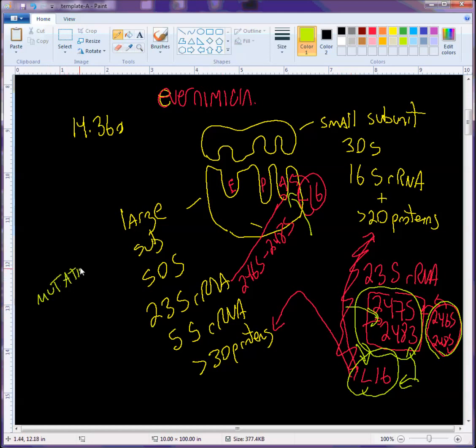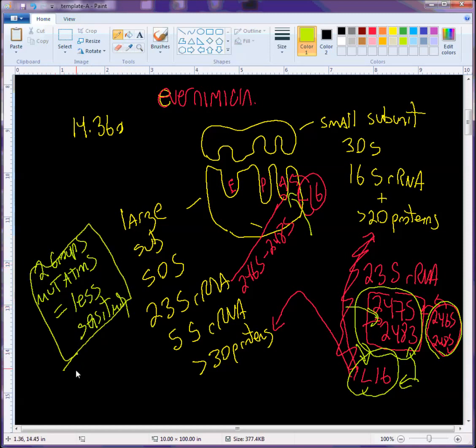Two groups, mutations equals less sensitivity, and those mutations of the 23S and the L16 are involved with tRNA binding to the A site.